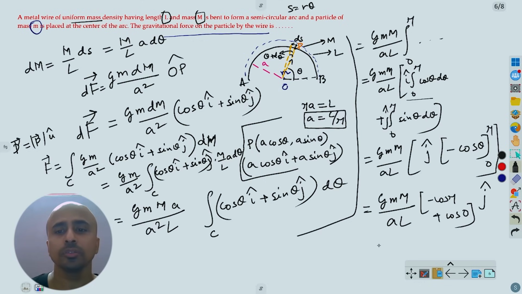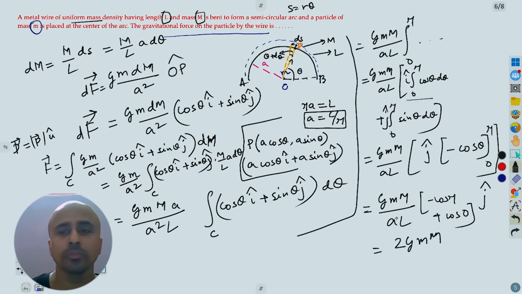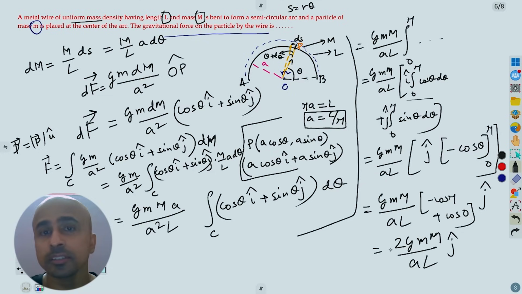So this is basically 2GMm by aL j cap. Now depending upon the answer, if the direction was mentioned, then you need to mention this j cap. If only the magnitude is mentioned, then you need to mention only this term, okay? Only this one.